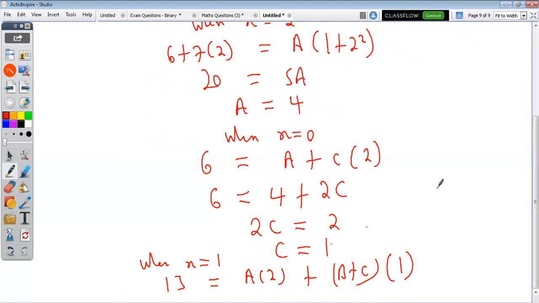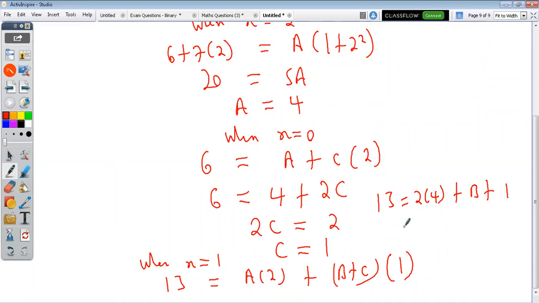Okay, so that means here we are saying 13 is equal to 2 a, we know it, a is 4, plus b plus c. What is c? C, we know it, c is 1.